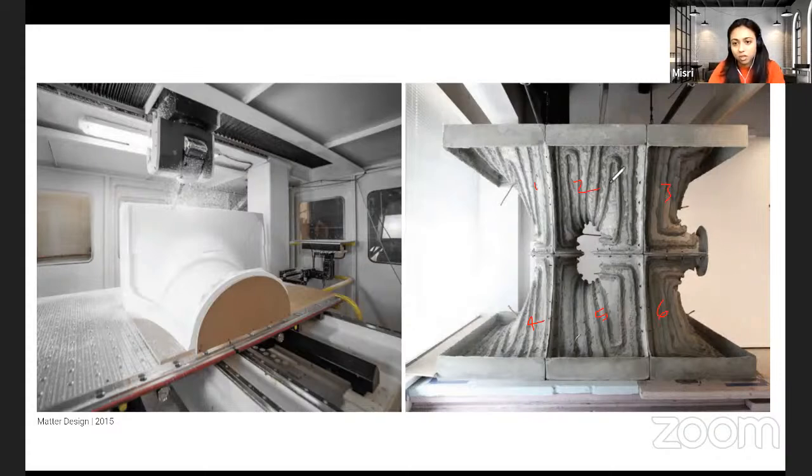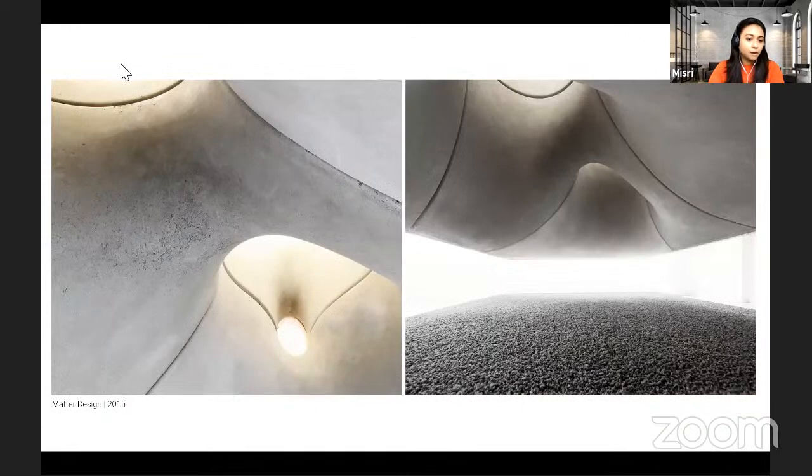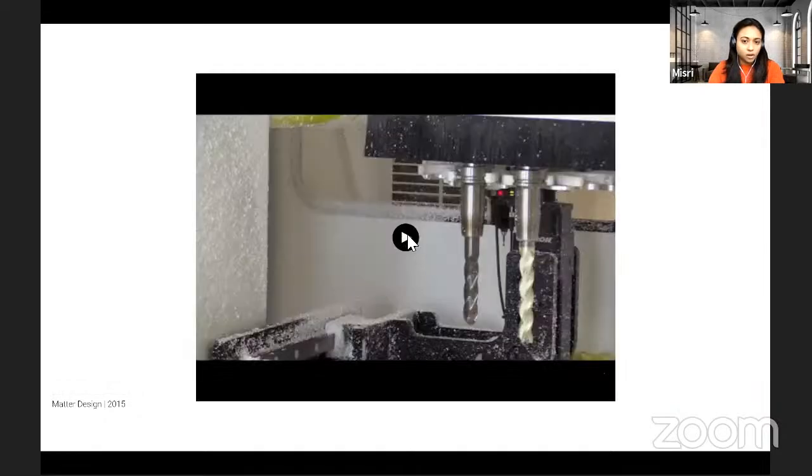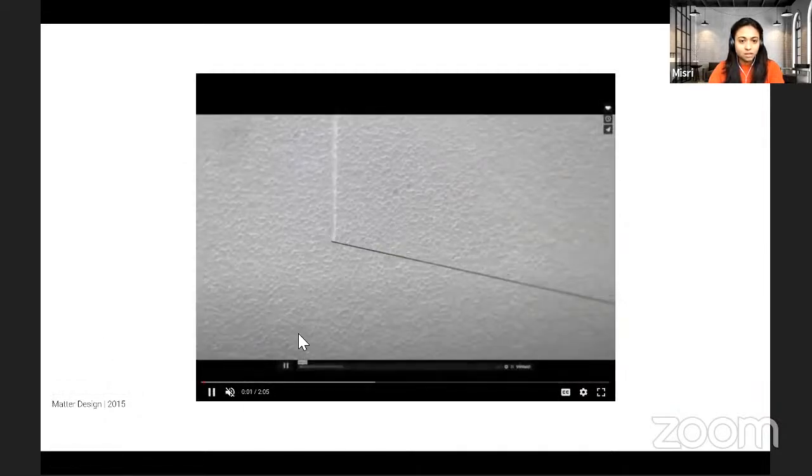What you see here, all these random lines, are actually copper wires which have water flowing through them, both hot and cold, to regulate the temperature and create an experience with the material. This is actually the inside shots of the project. And I'll run through a quick video that showcases the entire process.